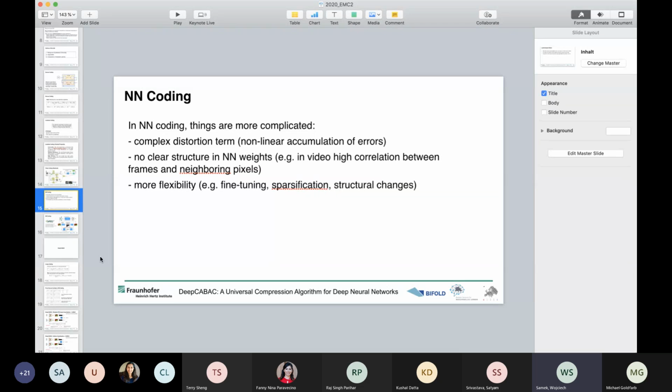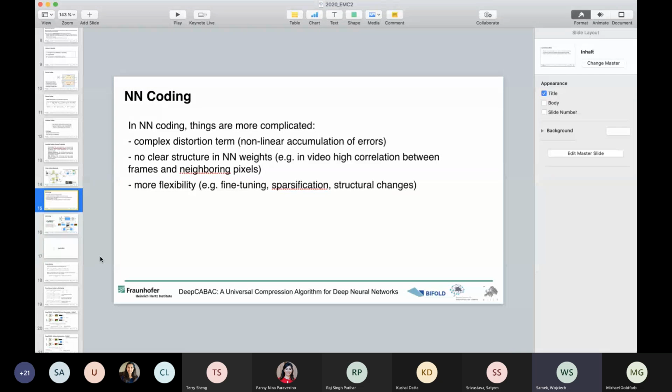If you want to compress the weights of the neural network, in the end, you are not so much interested in having small distortion between your compressed and uncompressed weights, but you want to have a small distortion in the behavior of the neural network, so at the output. But in this case, there is some nonlinear accumulation of errors. So if you, for example, compress weights in the first layer, you don't really know the effect on the output, or you have to take it into account in order to optimally compress your weights. As I mentioned, there is also no clear structure in neural network weights.